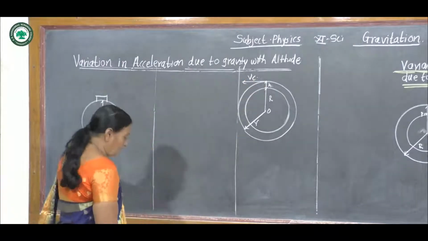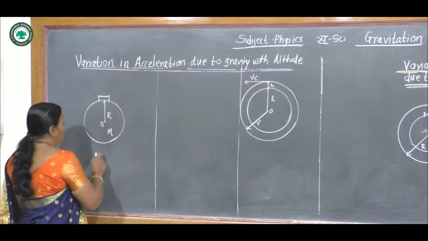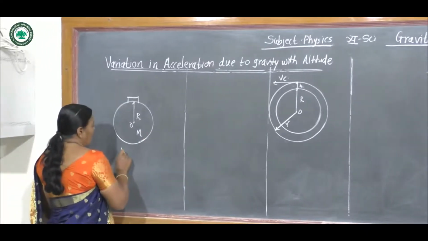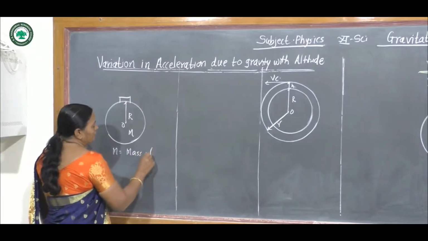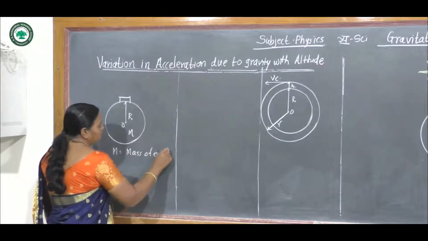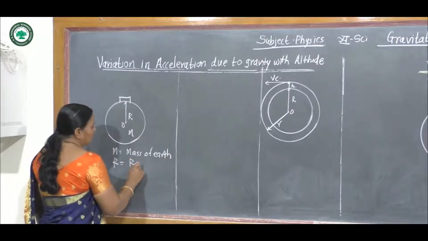Now see, suppose M is the mass of earth, R is the radius of earth.